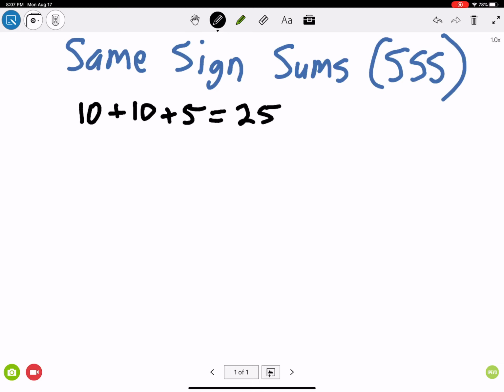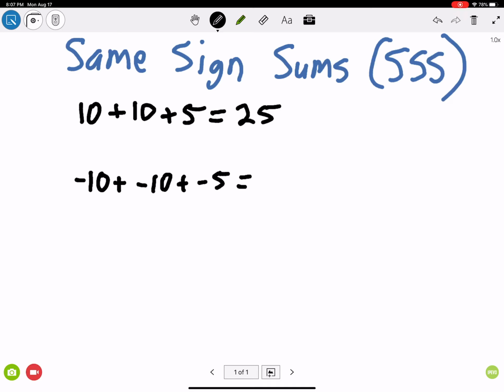Now, same thing happens if I change all of their signs so that they all still have the same sign, but now they're all negative. Okay, this now says negative 10 plus negative 10 plus negative 5.